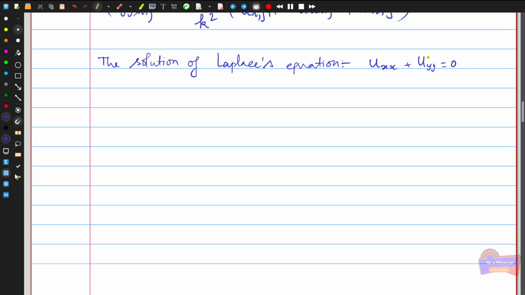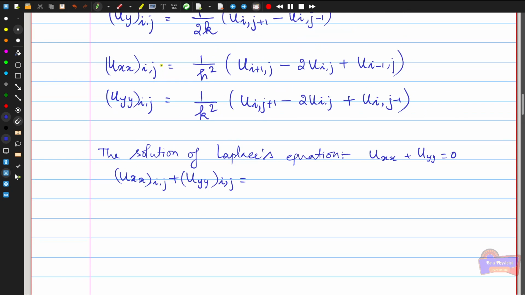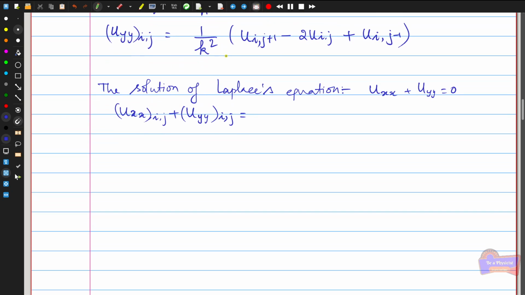So I convert this differential equation into a difference equation, that is uxx of i comma j plus uyy of i comma j. Now we know the values of uxx and uyy from the second derivative central difference approximation, so I can just substitute these values here.